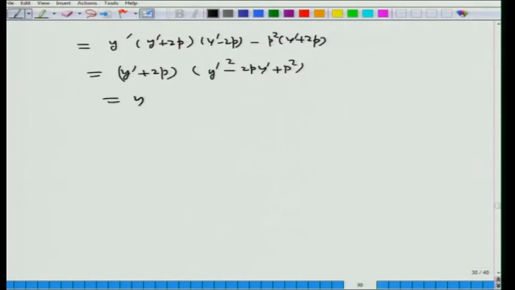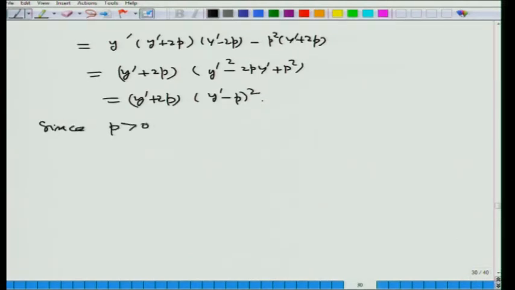So that is (y prime plus 2p) into (y prime minus p) whole square. So you can see that this is non-negative.